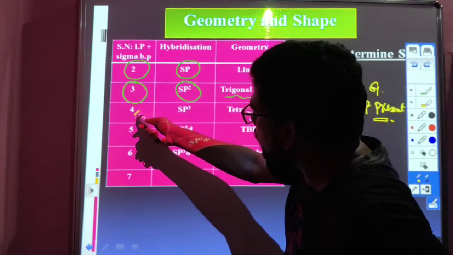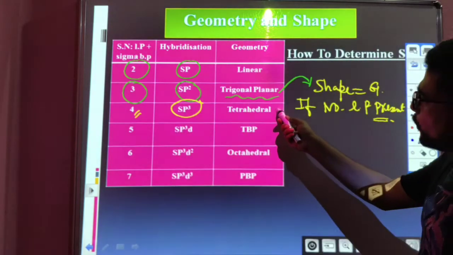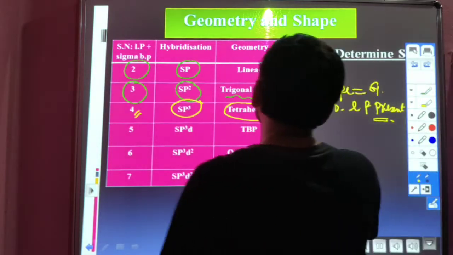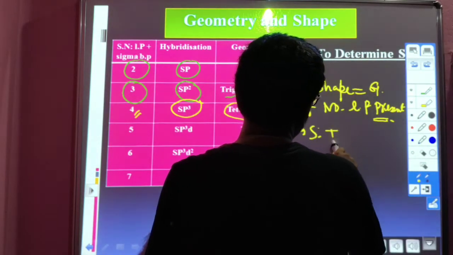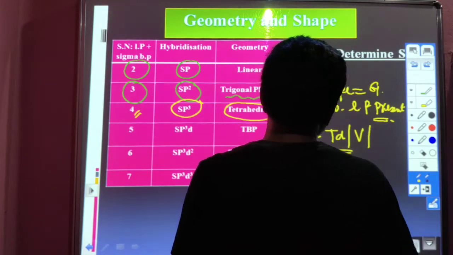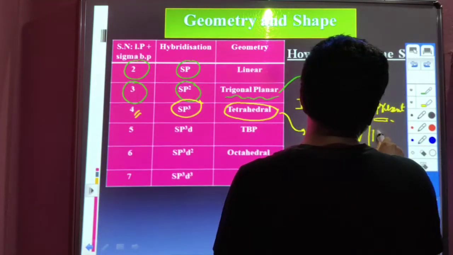If steric number is 4, then hybridization will be sp3 and geometry will be tetrahedral. Shape could be tetrahedral or V-shaped or pyramidal.